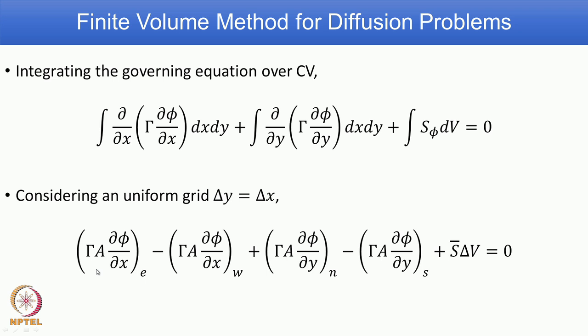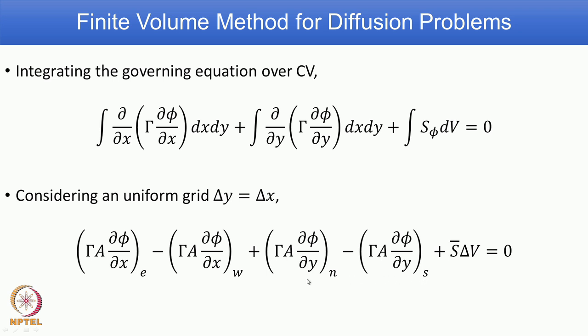So, the first term is gamma A dou phi by dou x evaluated at the east face, minus gamma A dou phi by dou x evaluated at the west face, plus gamma A dou phi by dou y evaluated at the north face, minus gamma A dou phi by dou y evaluated at the south face.